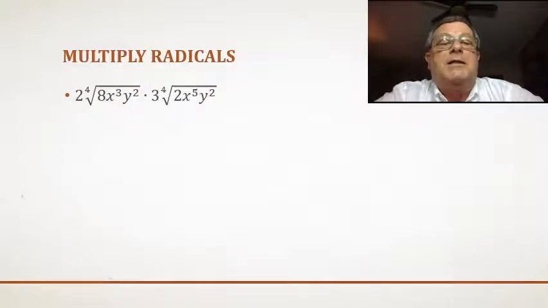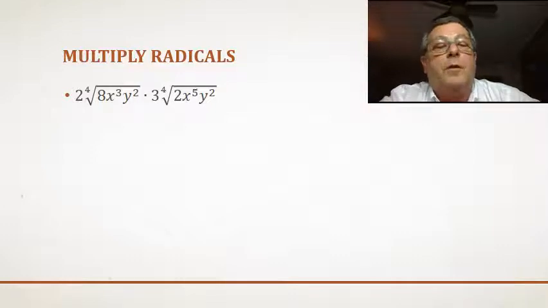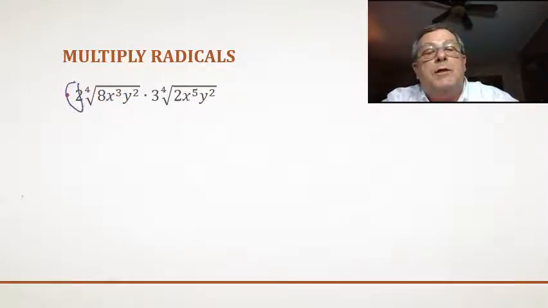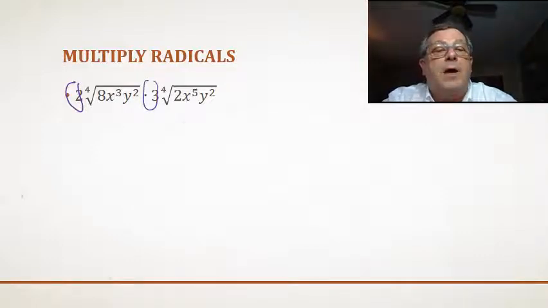All right, well, let's look at this second example. Now here I've got 2 times the 4th root of ax cubed y squared times 3 times the 4th root of dx to the 5th y squared. And so really going through the process is the same. I'm going to multiply the 2's and the 3's together, these coefficients of the radicals.